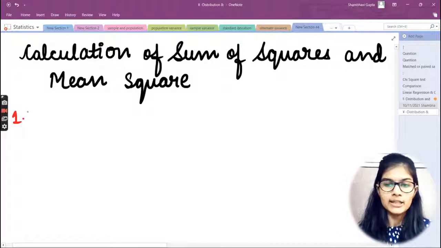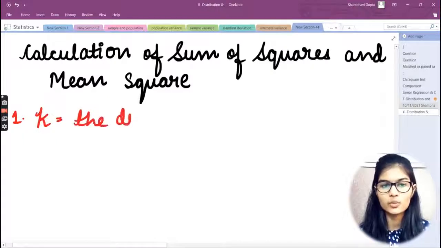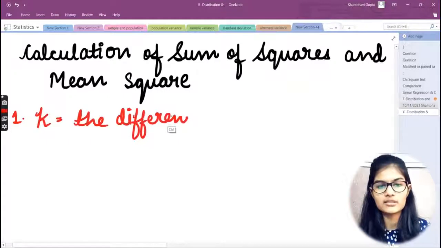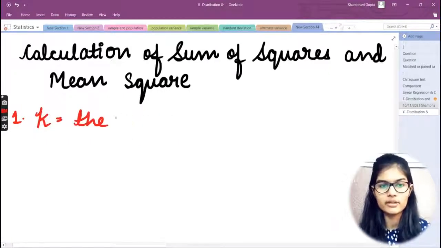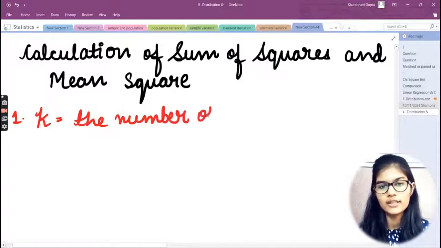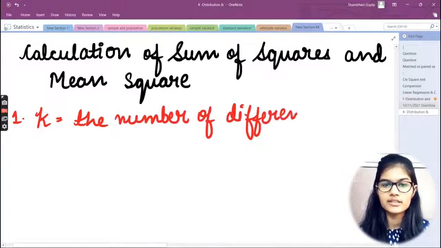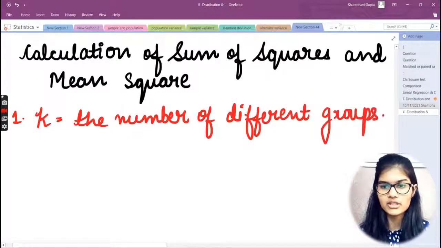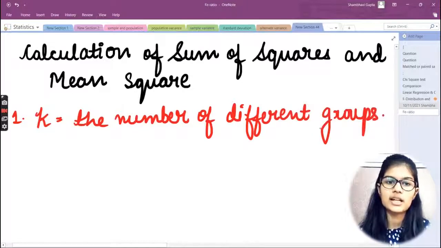Okay, great. So here we have the first one, that is the small k. So that is basically, it's the number of different groups. So this is what is the calculation of sum of squares and the mean square.